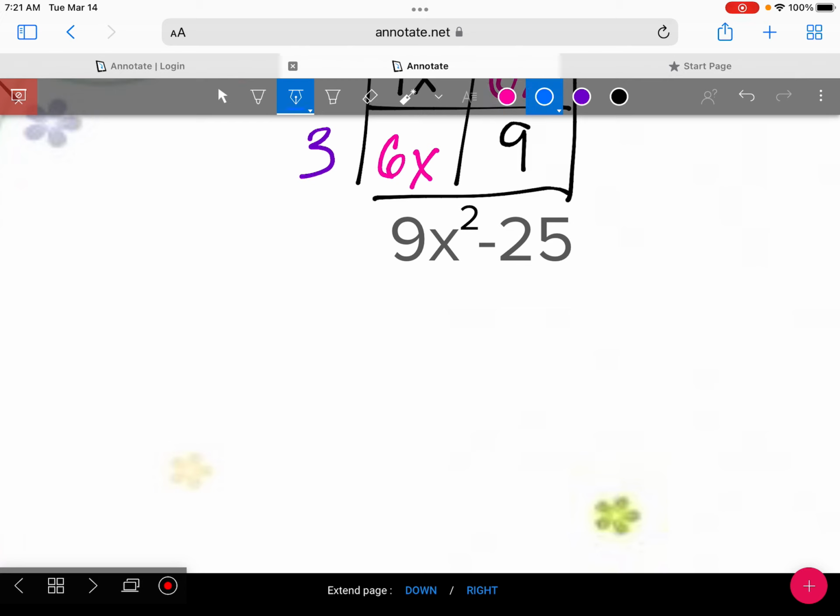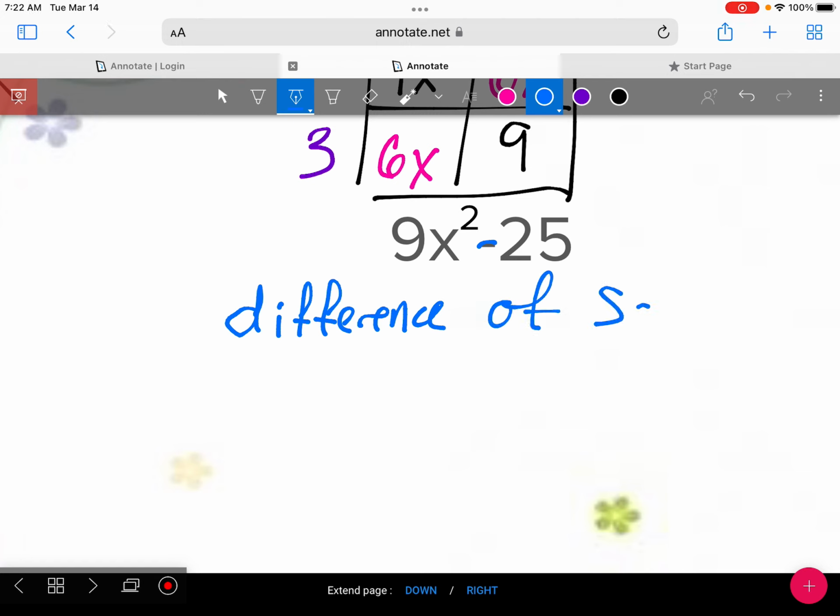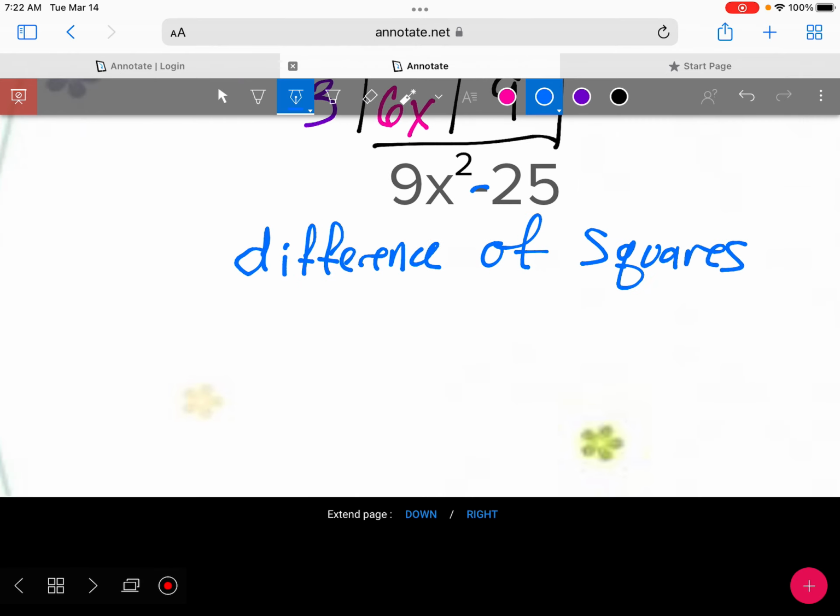9 and 25 are both what? Perfect squares. So I have the difference, which means subtraction, of perfect squares. Difference of squares. So what we can do is follow the special pattern, and we can get this factored form real fast.